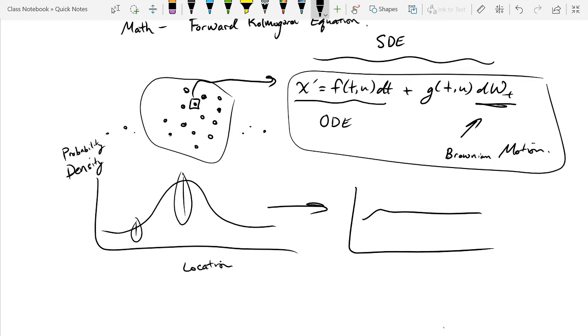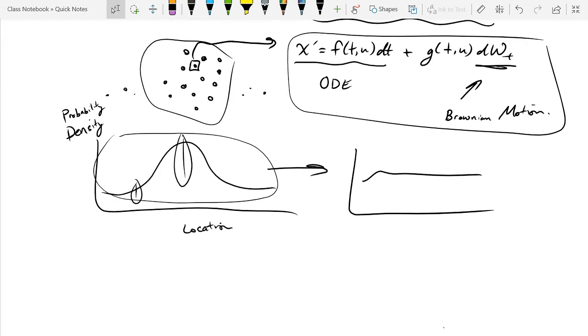If you have this ergodicity assumption of the stochastic differential equation, which is required for this, and is actually a way to define ergodicity, which is just that you have this mixing going on, then it's the same thing to talk about probabilities as densities, as the solution of the SDE versus the solution of how this function evolves over time. This function goes to another function which is smoothed out, and the evolution of that function is given by a PDE. That is what we call the Fokker-Planck equation.